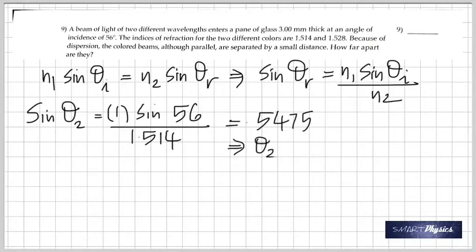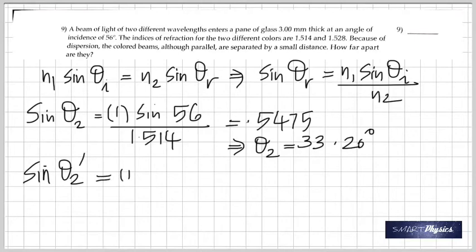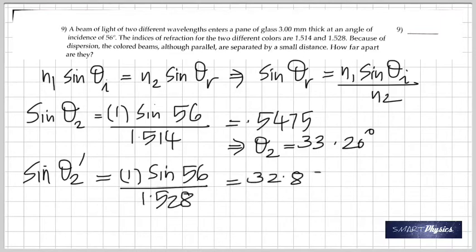So for the first one, you get 33.2 degrees. And the same way for the second one, you see that the refractive index is slightly different, so the angle is going to be very close.